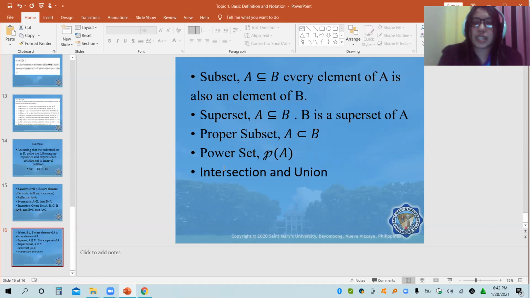And then the power set. Other than that, we also have terminologies like intersection and union. Here, we're not going to discuss this in detail because there is a separate video for this.